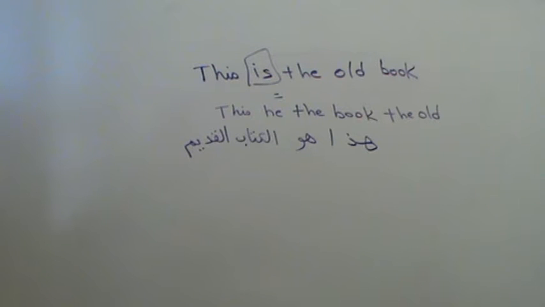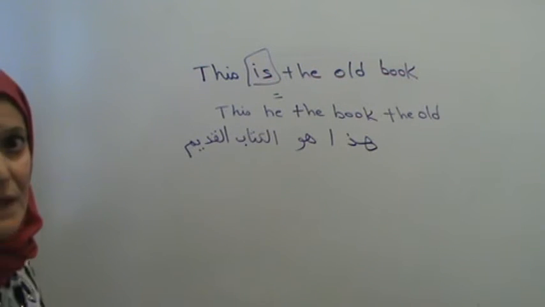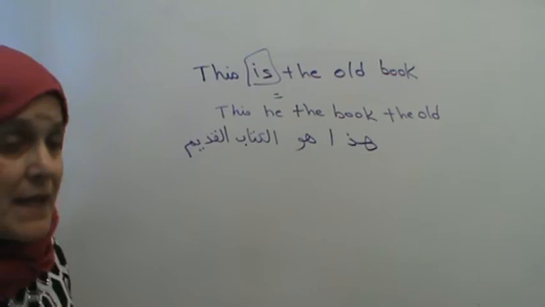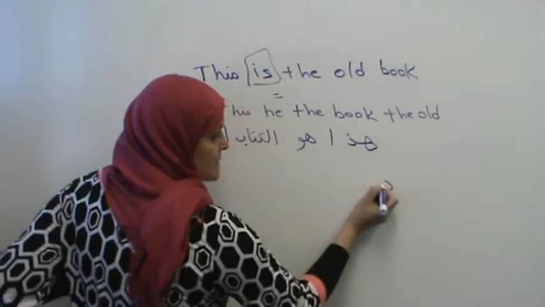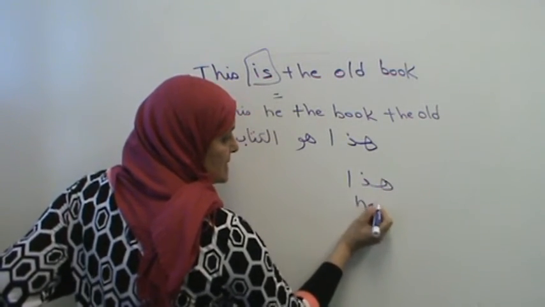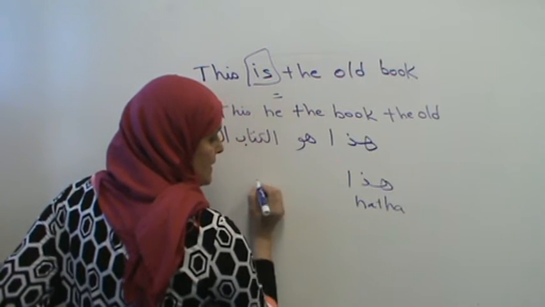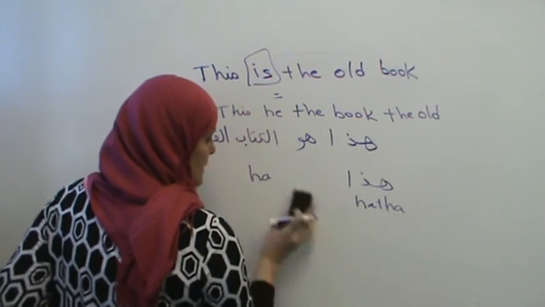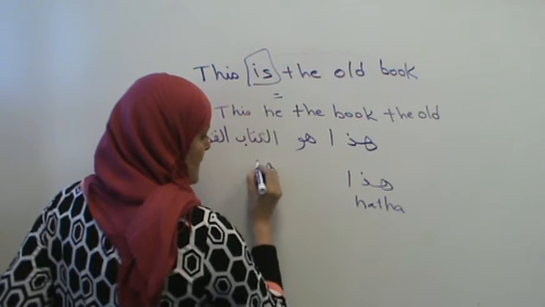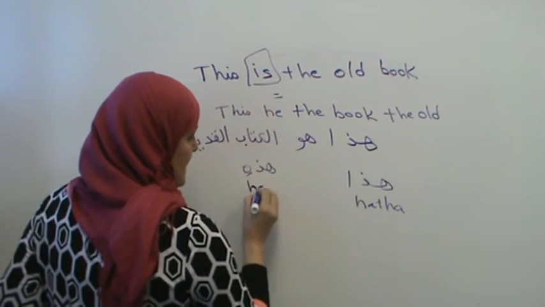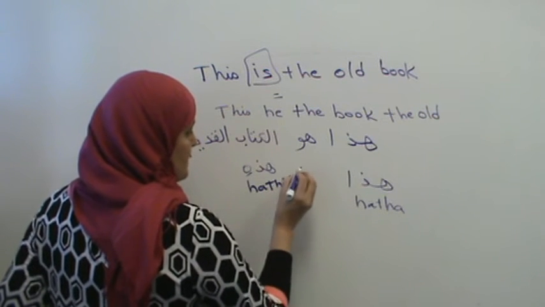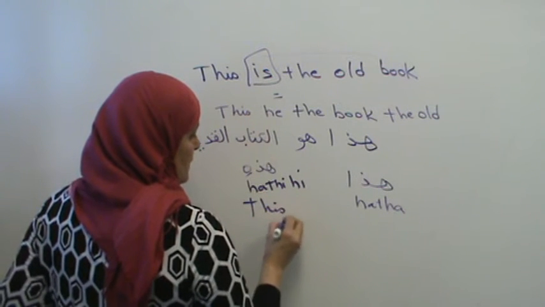If you are talking about a school, this is the old school. This is she, the school, the old. And we come: هذه هي المدرسة القديمة. And of course, I haven't covered this, but هذا is for masculine, singular, and هذه, we just pronounce it هذه, is for feminine, singular.